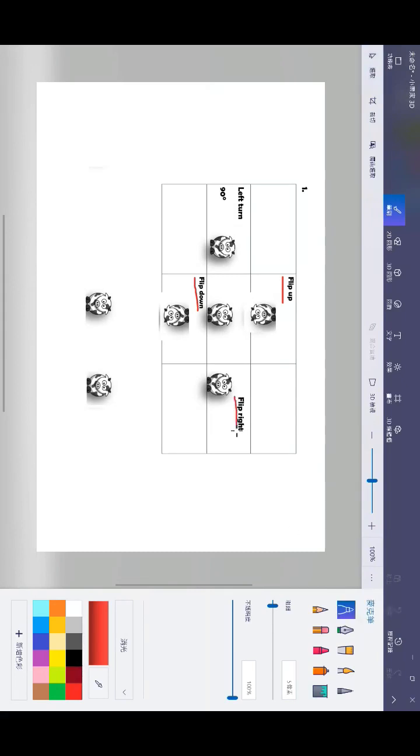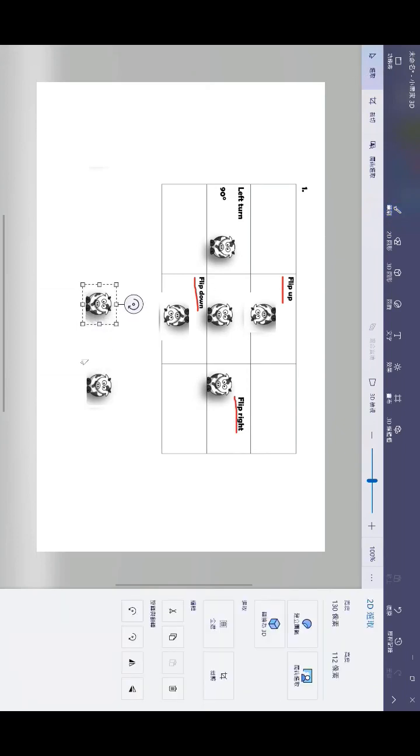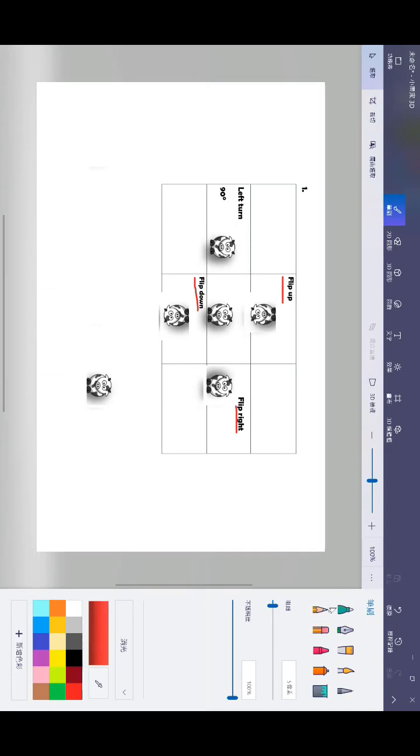We choose the third cow's picture, and then we flip it to the right. Okay, it is reversed. Originally, on its face, there is a cow spot on the right-hand side, and now when you flip it, it becomes on the left-hand side.